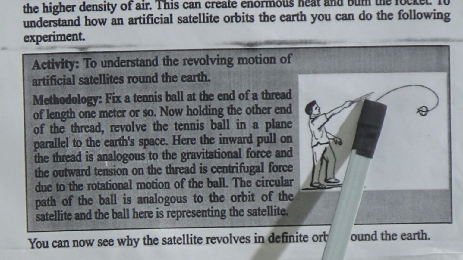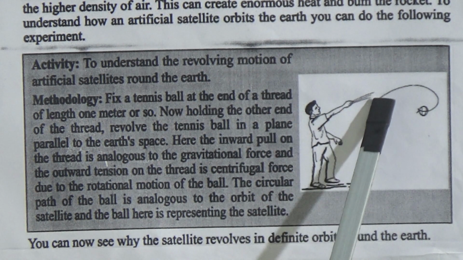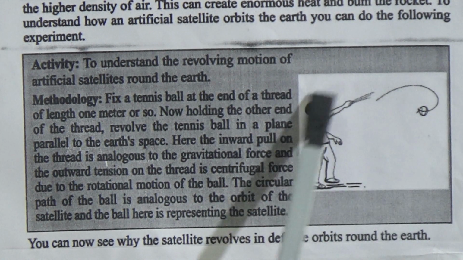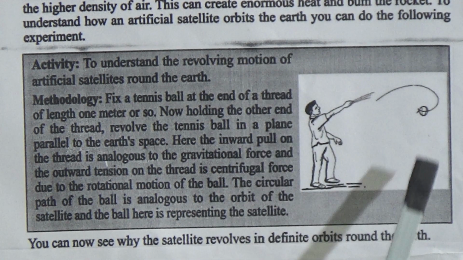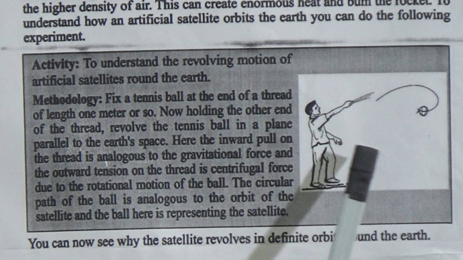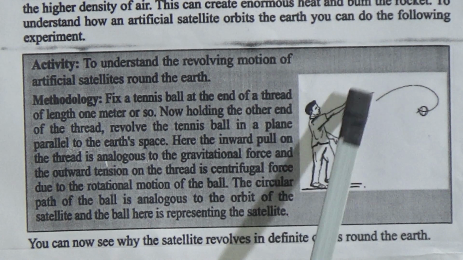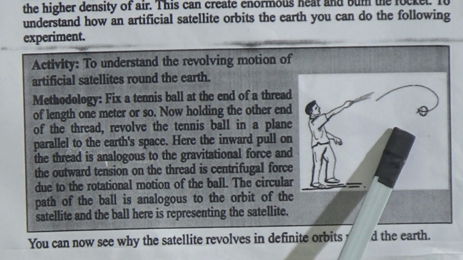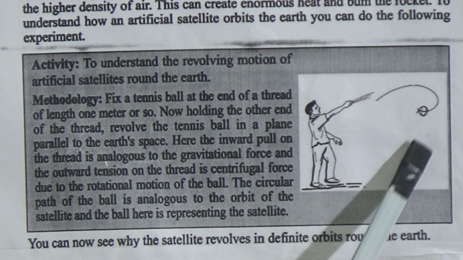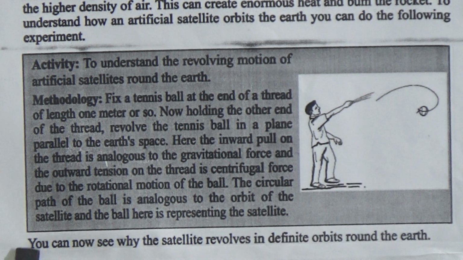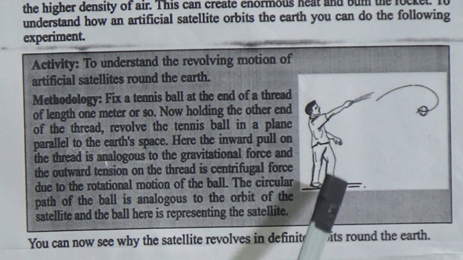That means, if you hold one end of the thread and rotate it, the ball will rotate in a circular path. That is like the satellite also revolving round the earth. You can see why the satellites revolve in definite orbits round the earth by doing this experiment.